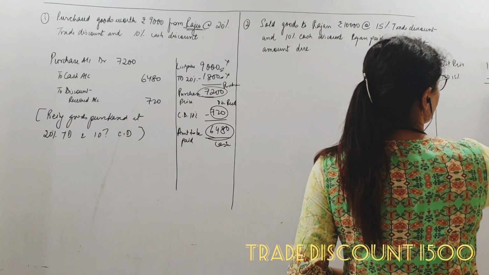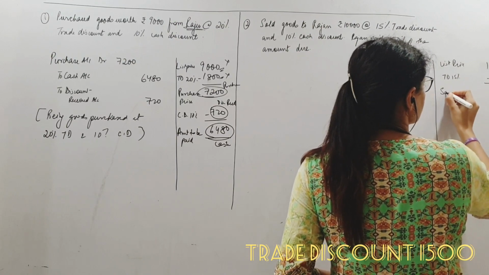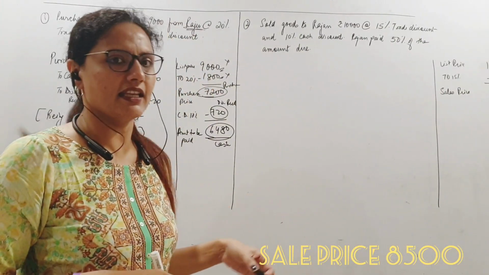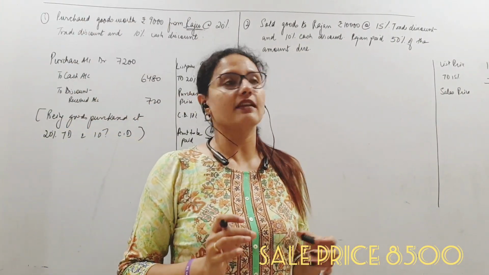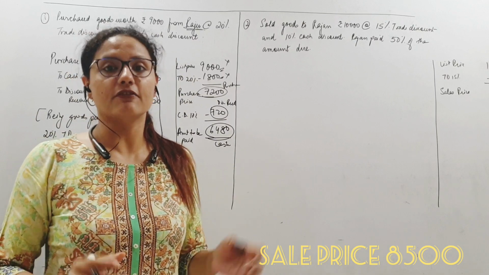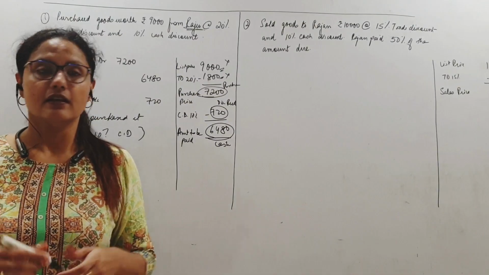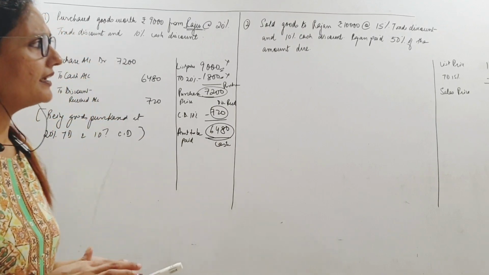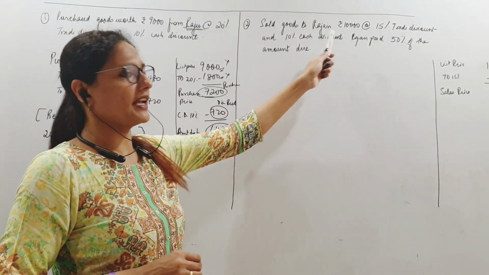Subtract that, 8500. This is my sale price. Not purchase price, sale price, because we are selling it, right? So the sale price here is 8500. Fine. On the entire amount we will not give 10% cash discount.